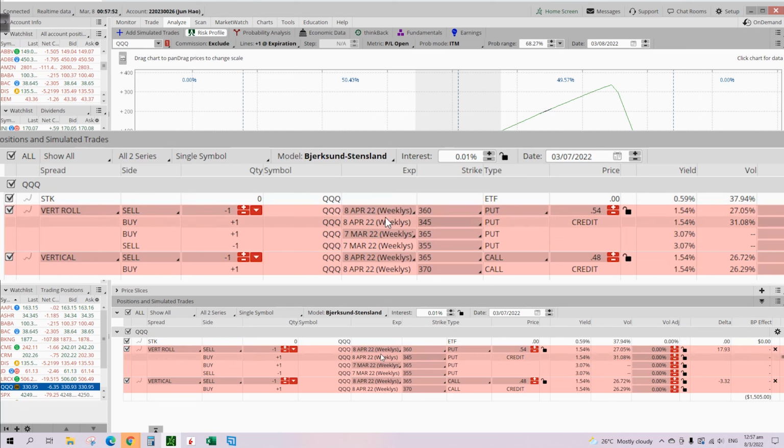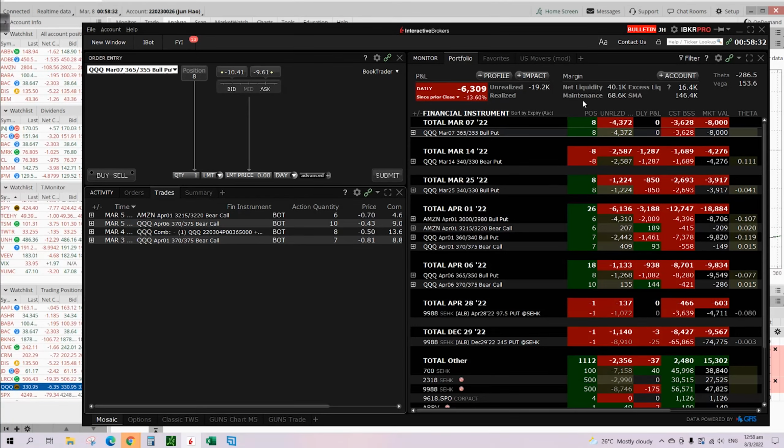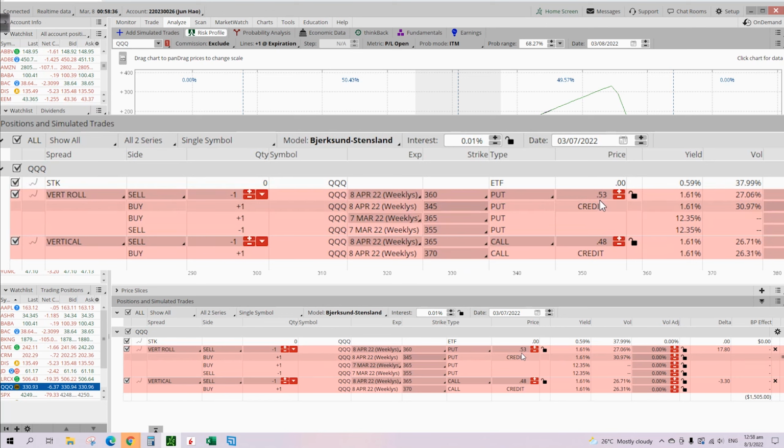All in all, this whole rolling will net me 54 to 56 cents in credit, which means I'll still get some premium by rolling this trade out. For the 8 legs that I have taken over here, I will be receiving a total of 8 times 55, around $440 in premium.